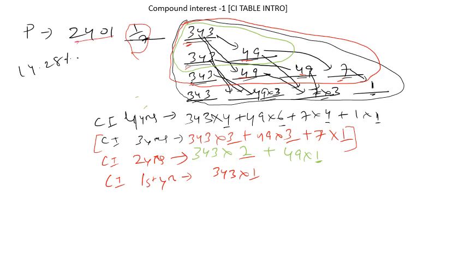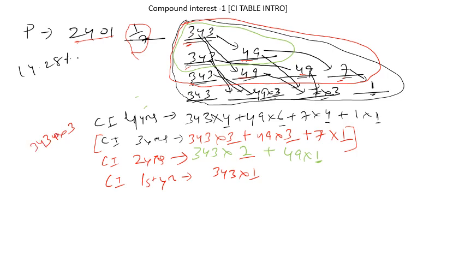So simple interest for first year will be 1/7 of 2401, that is 343. Simple interest for second year will be again 343. Simple interest for third year will be again 343, and for fourth year will be again 343, right? Simple interest remains the same every year. Now simple interest for 3 years will be how much? That is 343 into 3.